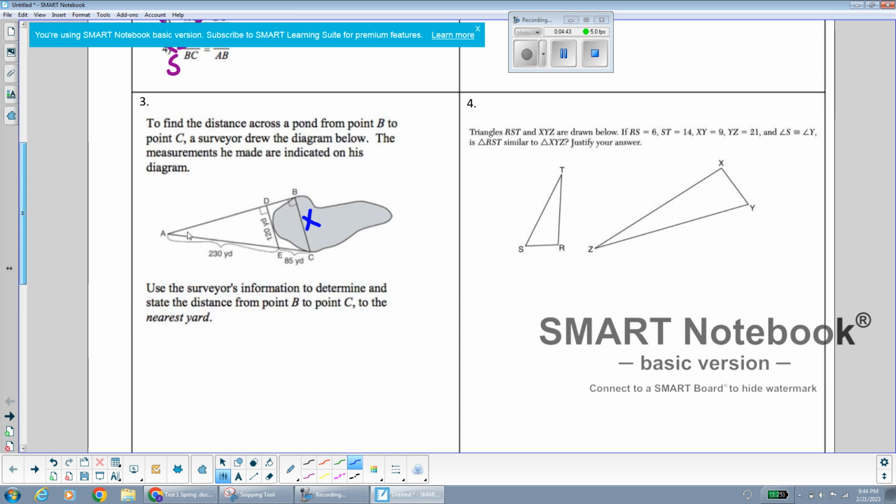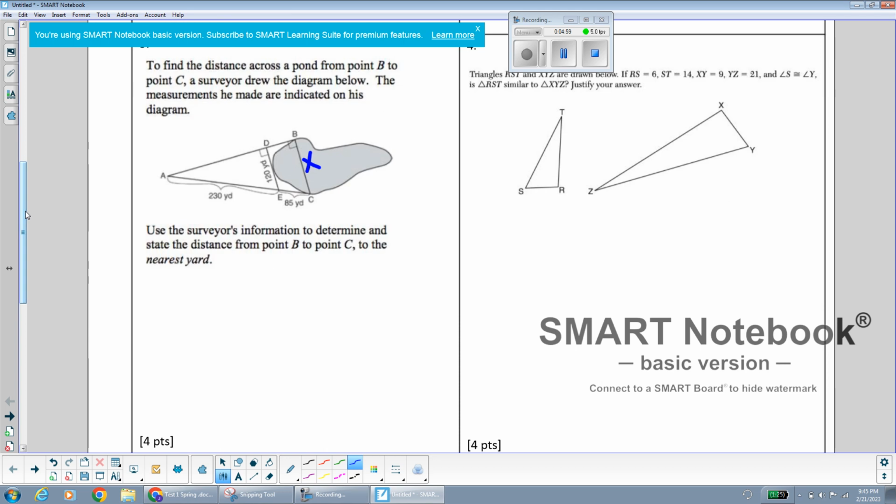We do know that angle A is shared between the small and big triangles. So the small and big triangles are similar, once again, by AA. So we can set up a proportion to find the missing side length because the corresponding sides of similar triangles are proportional.